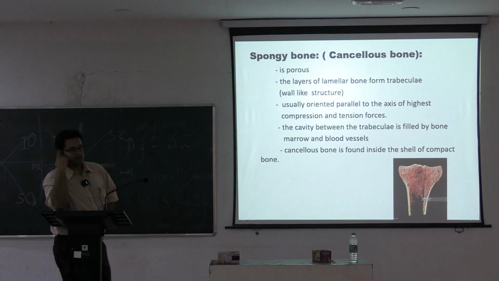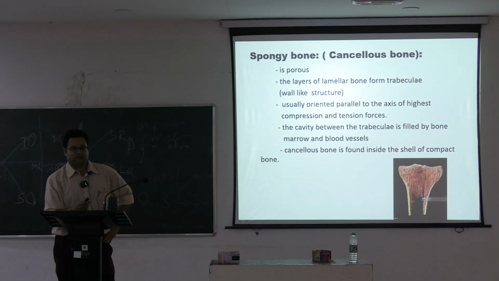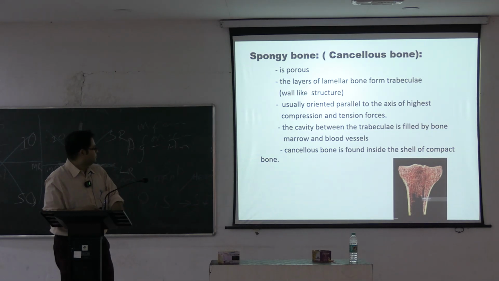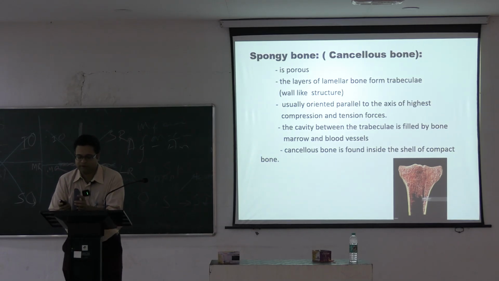What does that mean? When we say that it is oriented along the axis of the highest compression, suppose you are standing, your entire body weight is carried by your legs. So let's say for example the femur carries a big part of your body weight. What does the axis of highest compression mean? To put it very simply, your body weight travels proximally to distally.